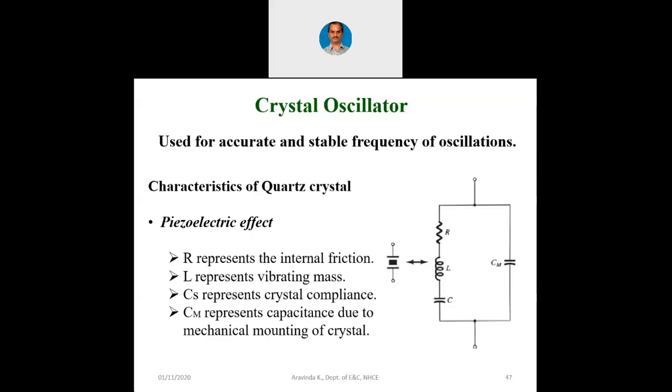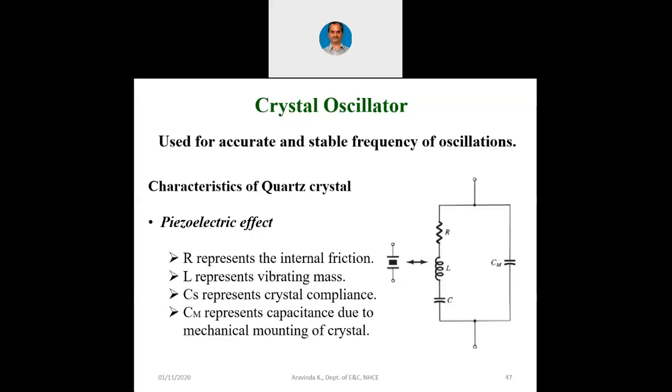Now, just to give you an example, we regularly use clocks and watches. Even on my hand now I have a wristwatch, and this watch is giving me 1 second time, that is its minimum resolution. 60 seconds is 1 minute and 60 minutes is 1 hour.